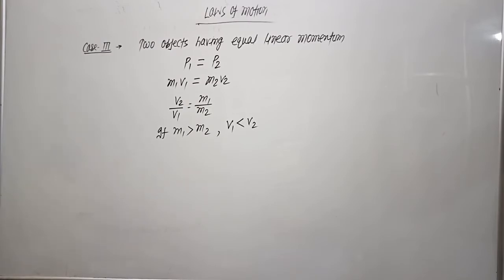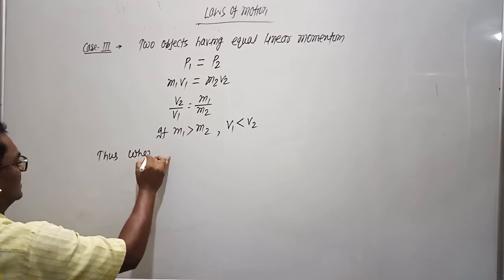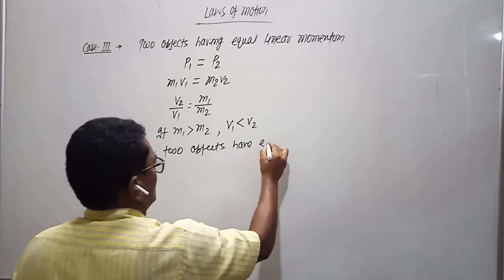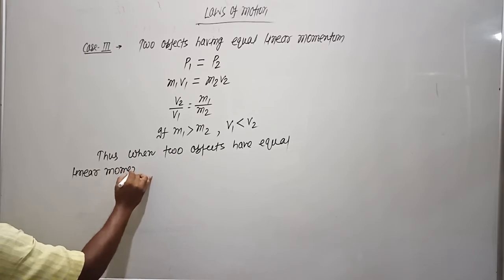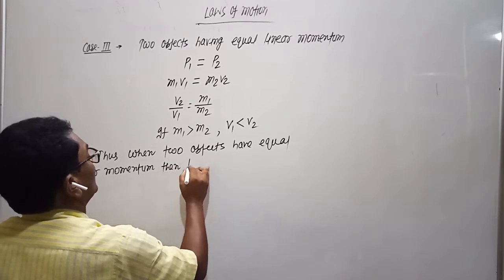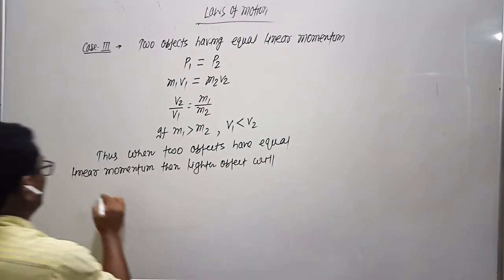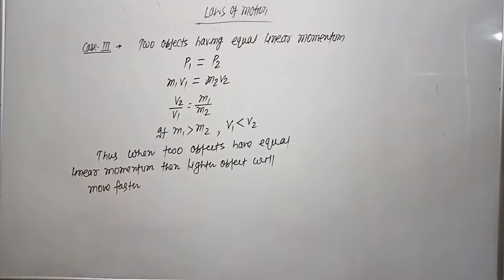Thus we conclude that when two objects have equal linear momentum, then the lighter object will move faster than the heavier one.